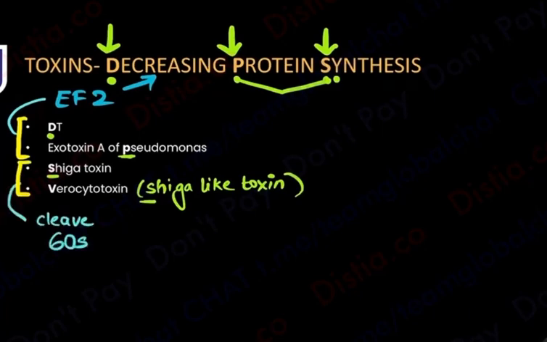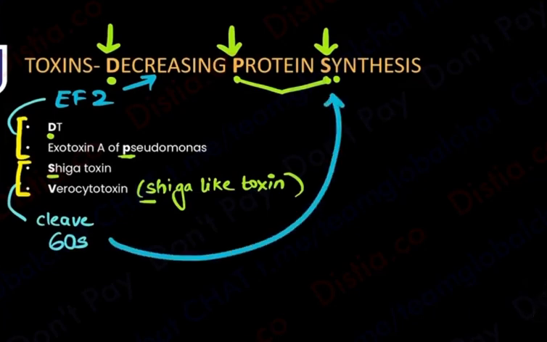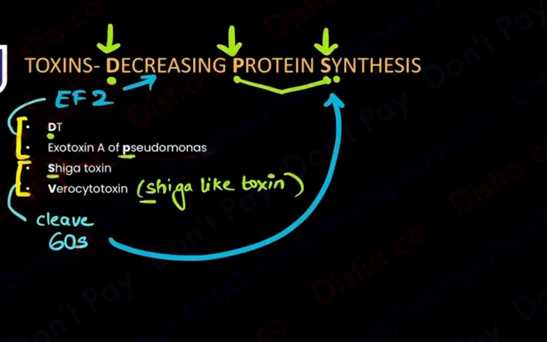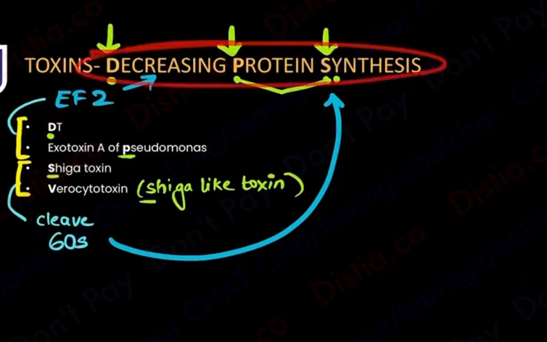They cleave 60S ribosome, and by cleaving 60S ribosome, they inhibit protein synthesis. So the end result is the same, but how you reached there is different. For the first two, you reached there by affecting EF2, and for Shiga, by S. Shiga S. 60S ko cleave kara. That is how you decrease the protein synthesis.